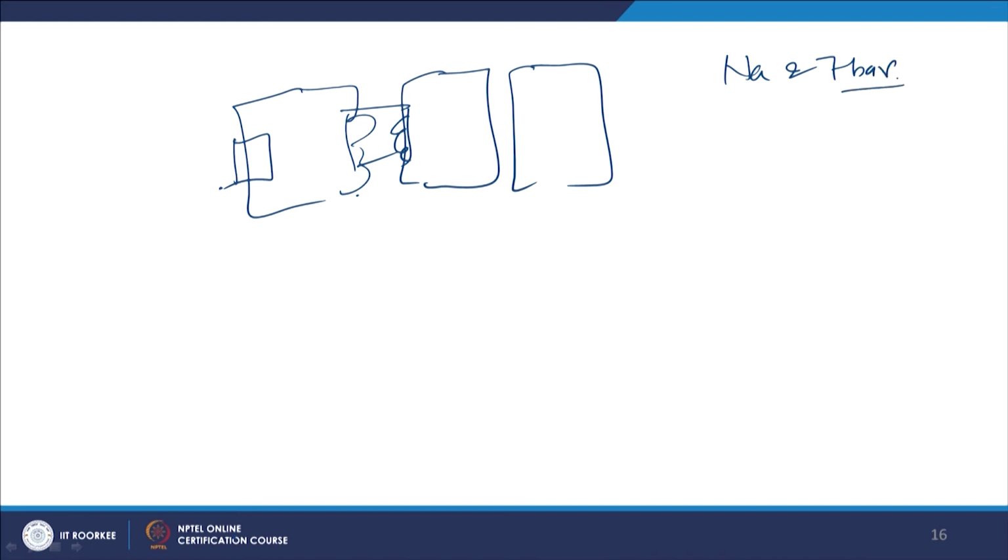Sodium boils around 800 degrees centigrade temperature. So, a very high temperature can be maintained in such type of reactor. Sodium can be pressurized, or even if we do not pressurize sodium, in that case also this reactor can work efficiently.